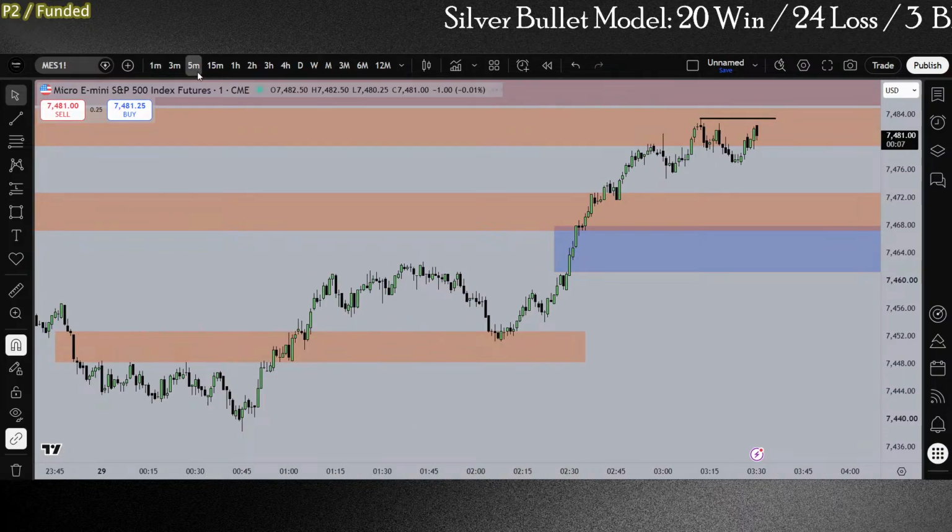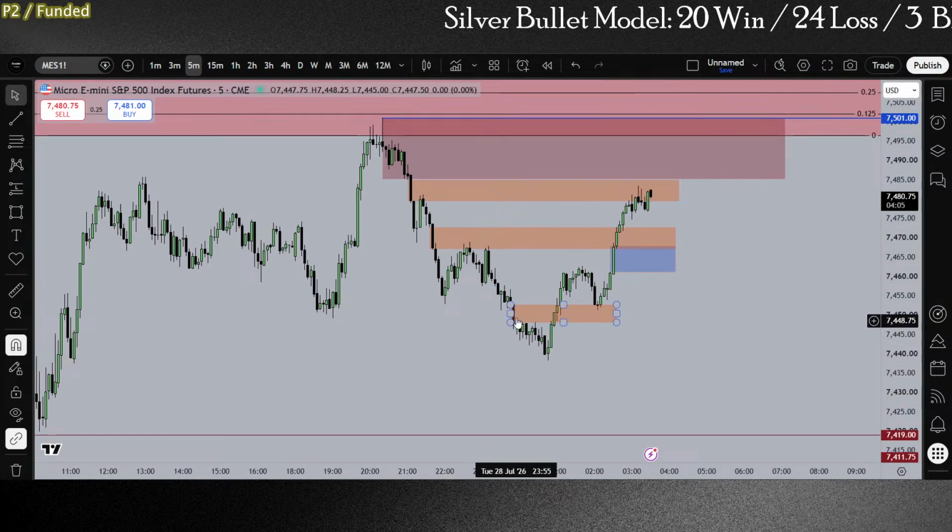But yeah, I mean, fun fact, I really like the setup that was presented here at the 2 a.m. start. I like this one a lot. Relative equal highs in here. This one lower than this one. Sell side was taken.